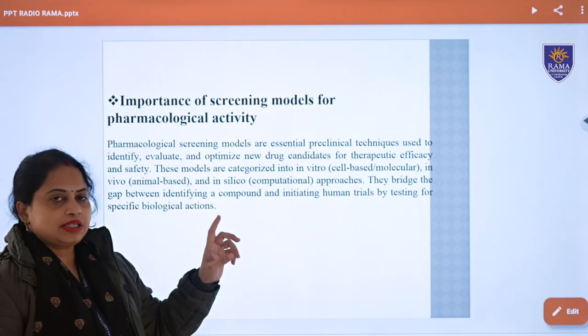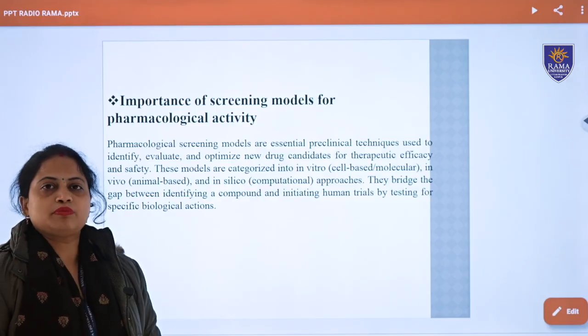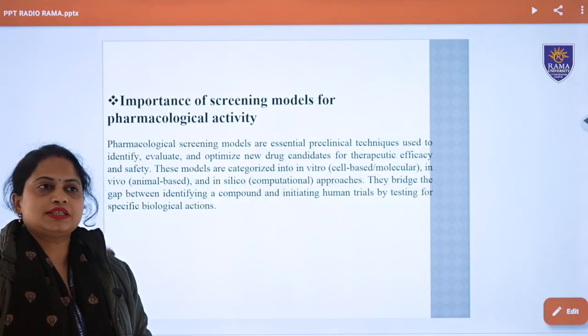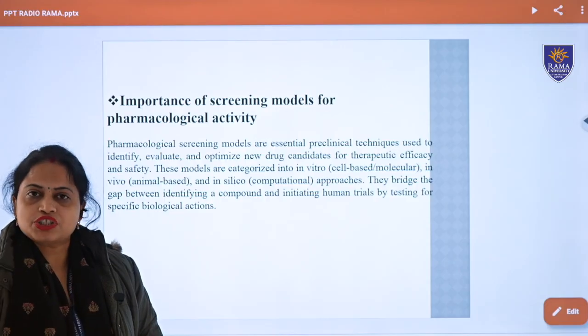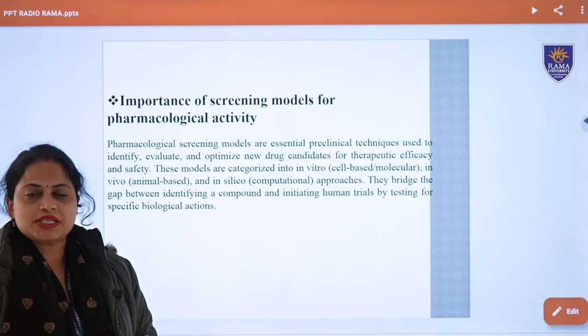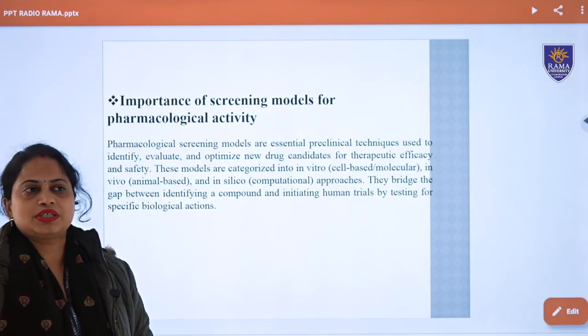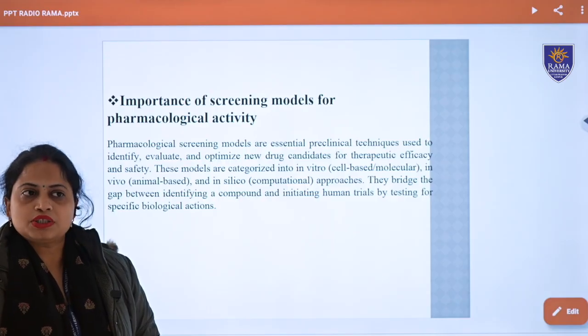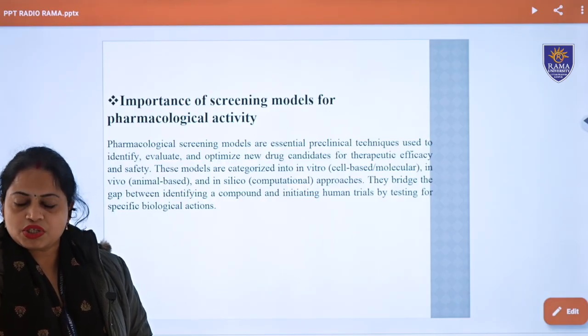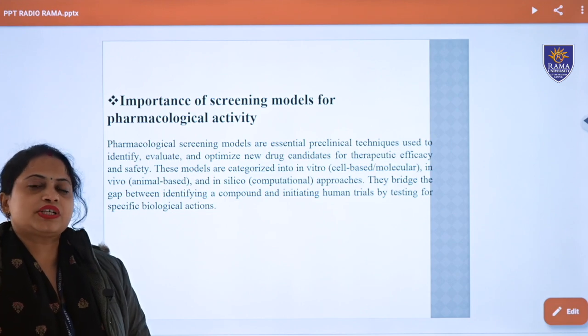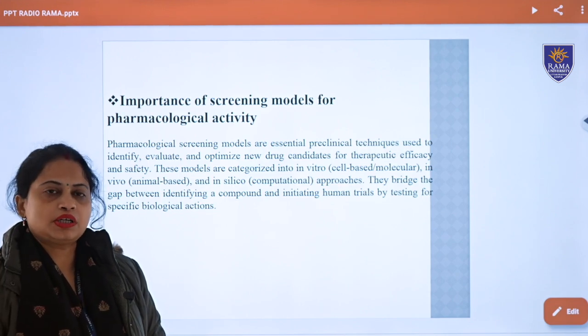And in vitro methods mean that we use cells which are isolated from the body, some cultured cells, or some separated enzymes. So we are seeing the absorption of the new compounds or new formulations, the toxicity of the compounds, and the mechanism of action of the drugs at molecular levels.